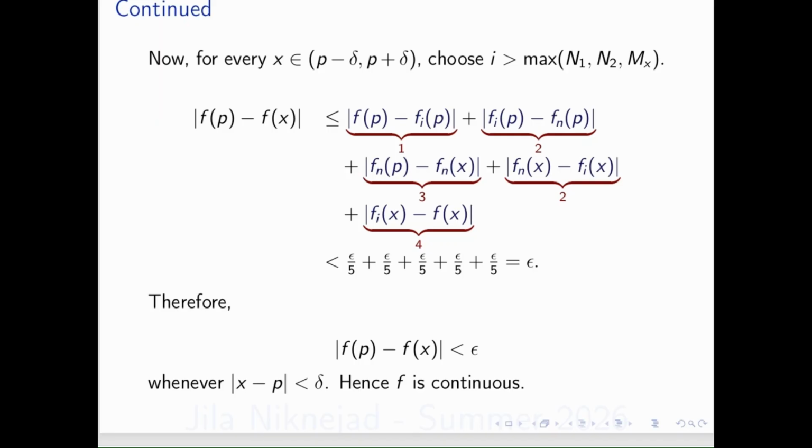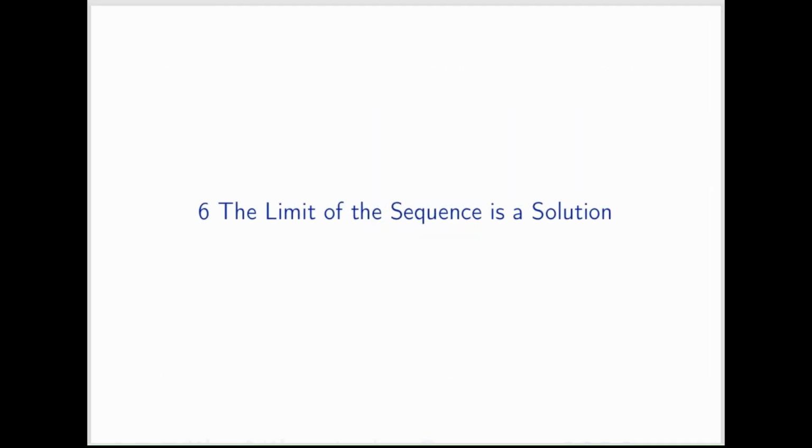I have to add that we could have used uniform convergence in this case. Some theorems are out there to show the continuity. The limit of the sequence is a solution.